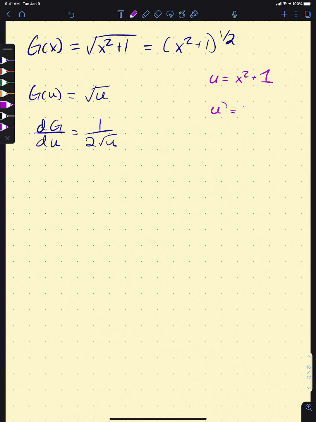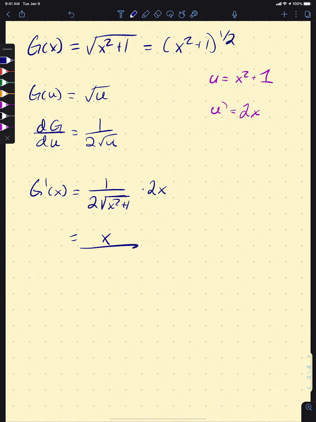u prime is just a nice little 2x, okay? But if I multiply these two together, right, and then resubstitute our u, we're going to get the derivative of g, right? So that means that g prime of x is 1 over 2 times the square root of x squared plus 1 times u prime, which is 2x.